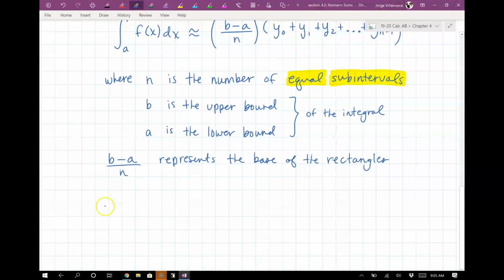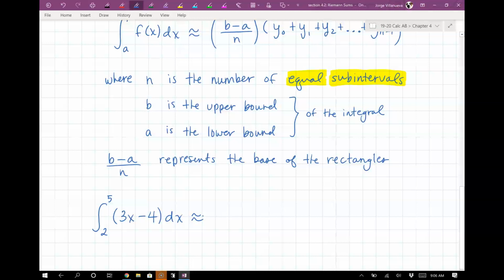So here we go. The area from 2 to 5 of 3x minus 4 dx is approximately, notice I'm just filling in the information. They said the integral from a to b of f of x dx, so I put it in there, from 2 to 5 of 3x minus 4 dx is, now notice I'm not going to integrate at all, okay? That's just the way you start writing it.